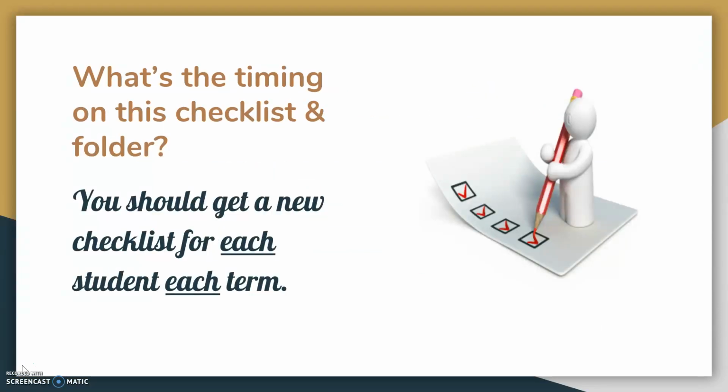Please don't think that the checklist is a once-and-done deal. This year, we have a new checklist for each term for each student. It's very possible that students will be progressing and moving at the end of the term, so the clock starts again for them.